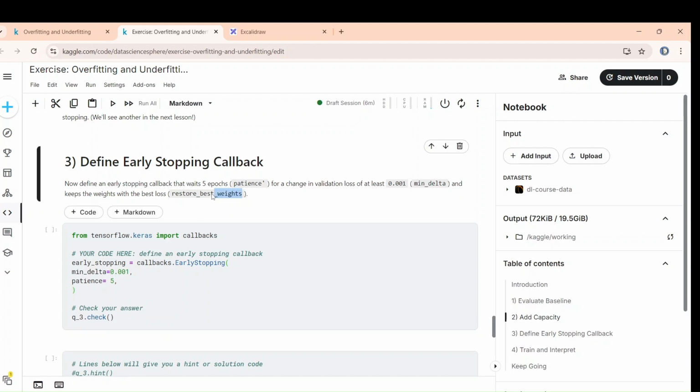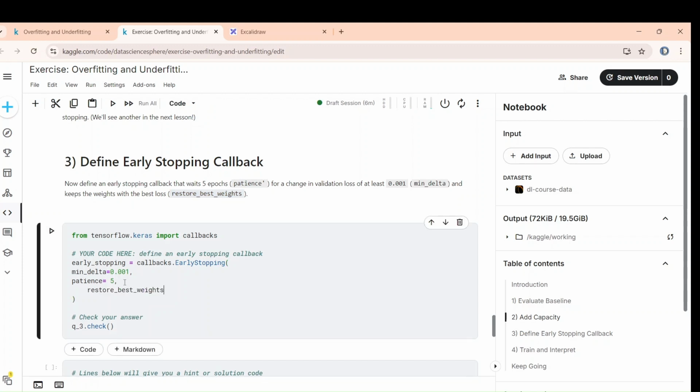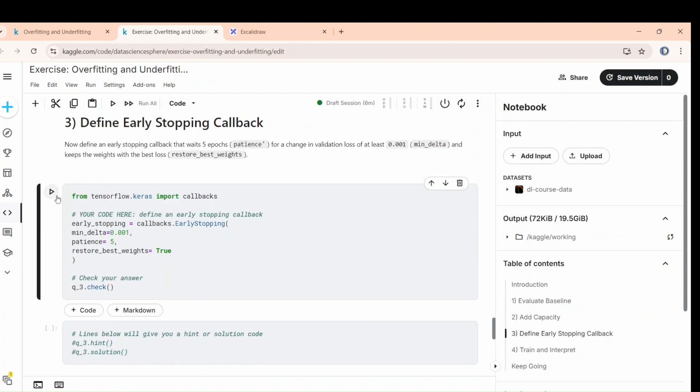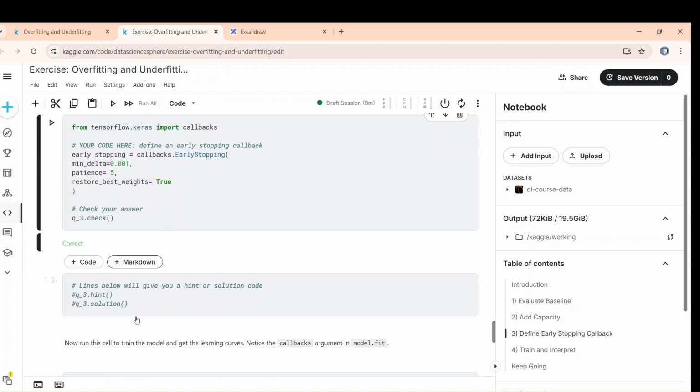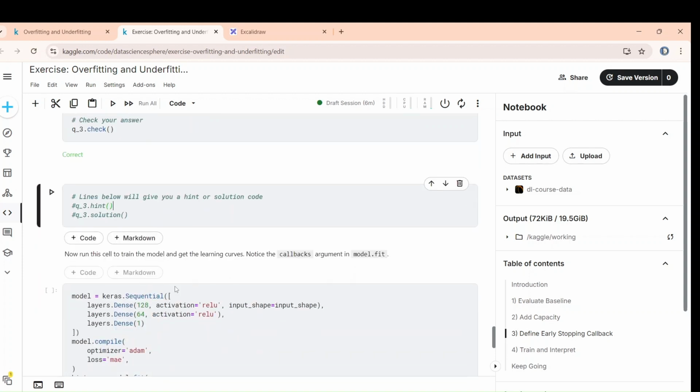Let me copy this. Restore_best_weights equals True. Okay, within 5 epochs. Now let me run this. This is fine. You can see the solution from here also.